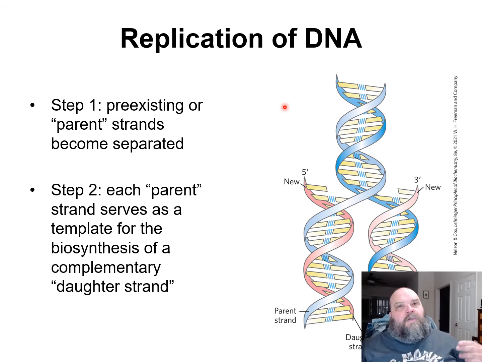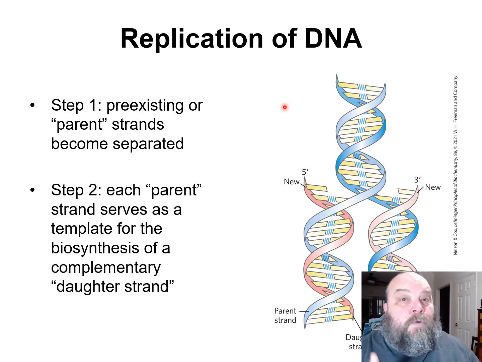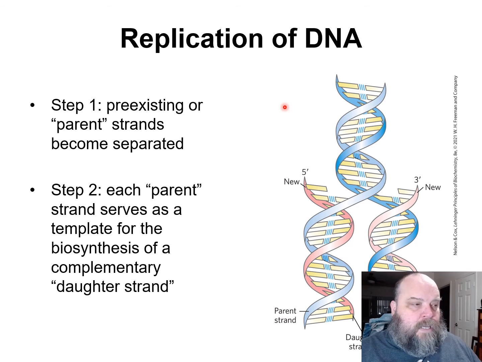Once Watson and Crick figured out here's the double helix, people came along, okay, we're going to take this information and run with it. They're trying to figure out how the DNA double helix can be replicated. New strands made, new chromosomes made. There was lots of different ideas, lots of different theories. Watson and Crick, rightfully so, figured out what they referred to as semi-conservative.